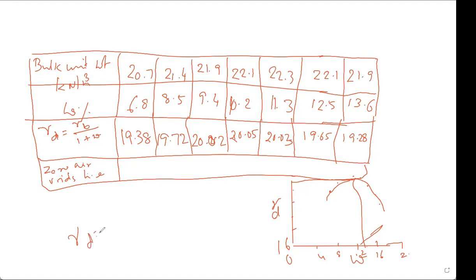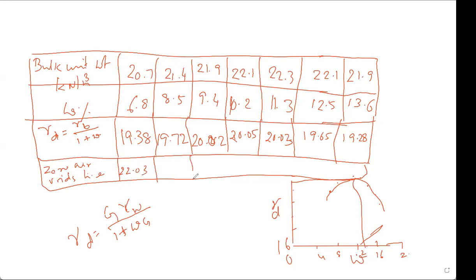Gamma D is equal to G gamma W divided by 1 plus omega G. Now you put the values of omega in this equation, for the different values of omega which are there, and get the values of gamma D. If you do that for this omega, I'll get 22.03.